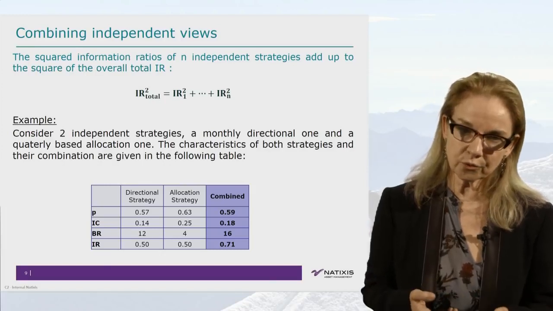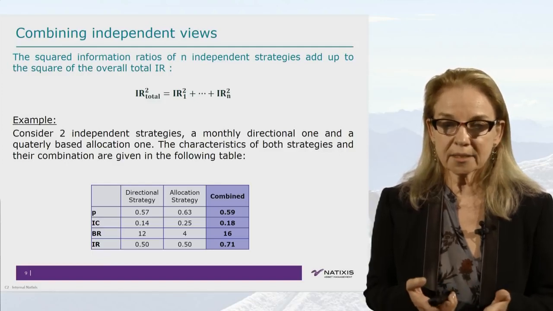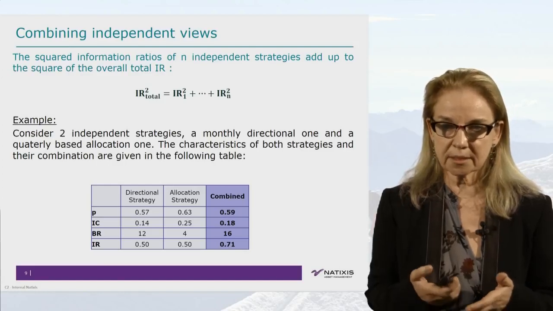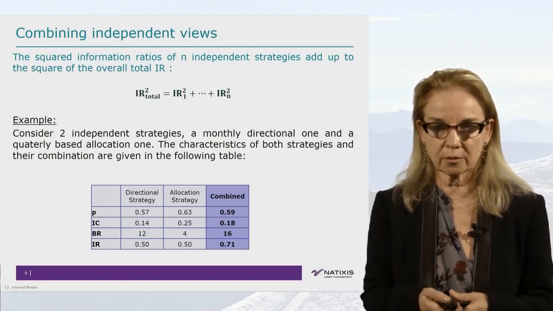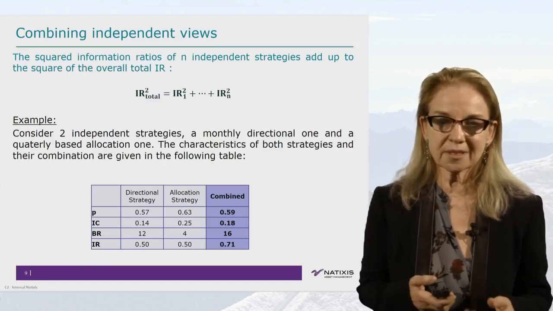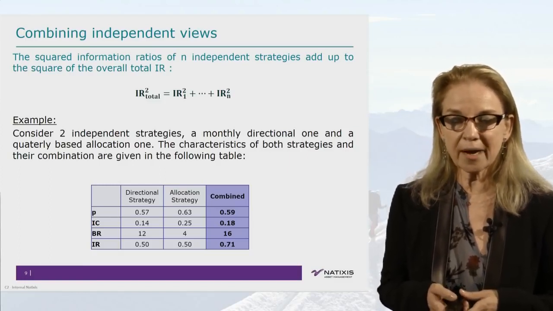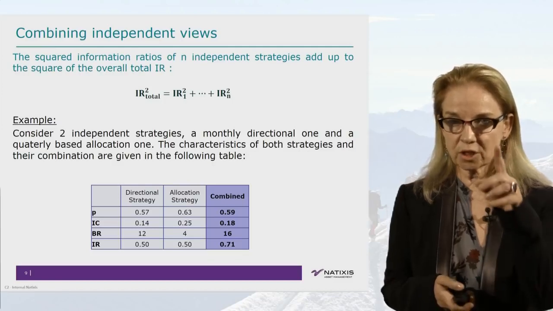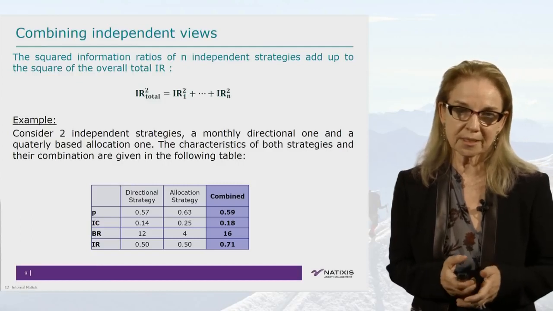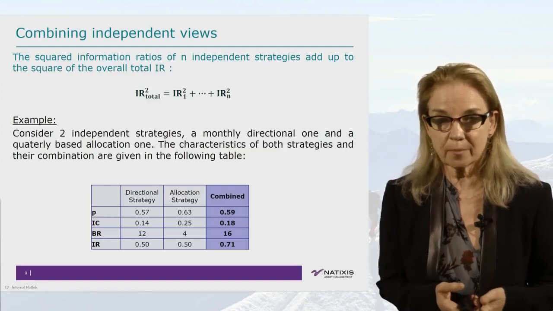So you can compute the IC for each one with the previous equation. The breadth is obvious because one strategy is monthly, the other one is quarterly, so the breadth is 12 for the first one and 4 for the other one. And we suppose that the information ratio is the same for the two strategies. It's an example, okay? So you can find the combined information ratio of the two strategies with the equation. And so you see instantaneously that the combined information ratio is better due to the independence.